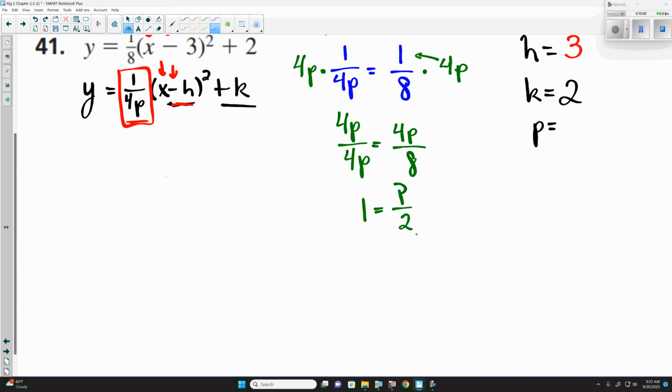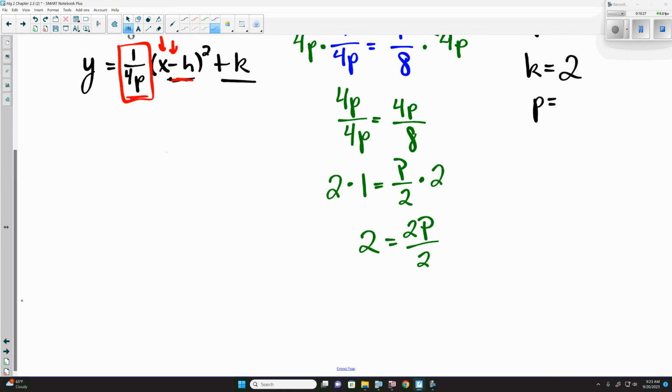We can flip it, we can divide by 1/2, or we can multiply it by 2. Because with fractions, and we'll see this in some of the examples, instead of dividing by it, we can flip it and multiply both sides by it. Because here, if we multiplied it out, it'd be 2p over 2. And 1 times 2 is 2. As we said already, that would just be 1p, and p is 2.